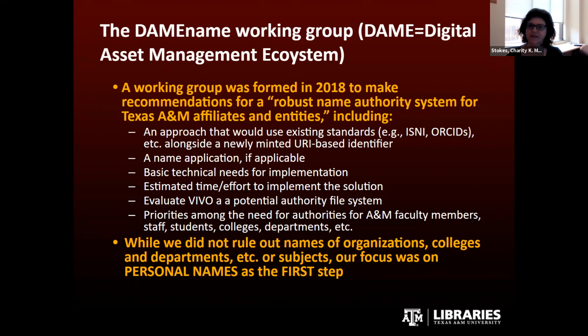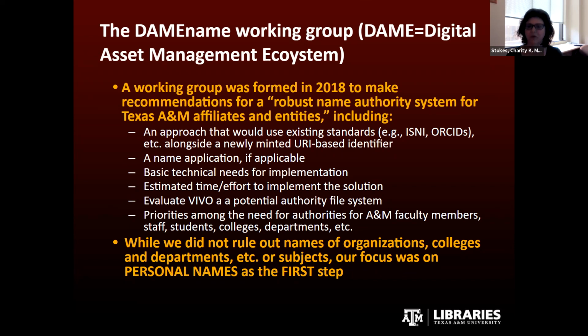And so in 2018, a working group was formed to make these recommendations that would include an approach that would use the existing standards that are already out there, a name app if we could, the basic technological needs for implementation of an app, how much time or effort it would take to implement the solution, to evaluate VIVO as a potential authority file system to give us our canonical names, and to prioritize the name for the authorities from faculty members, staff, students, colleges, departments.